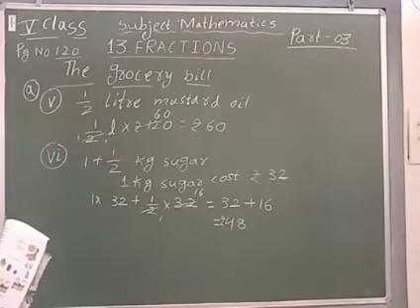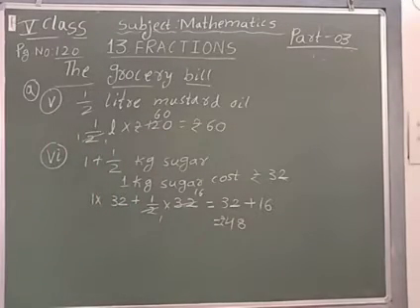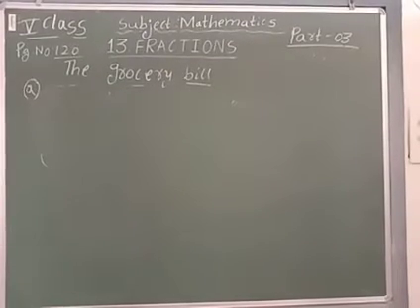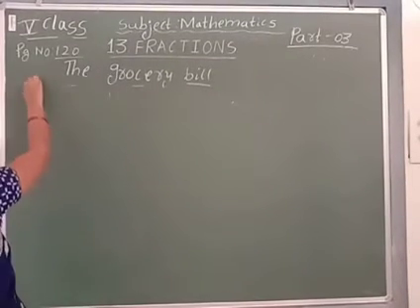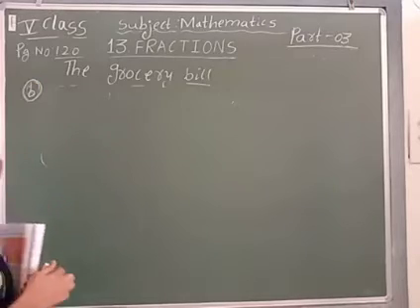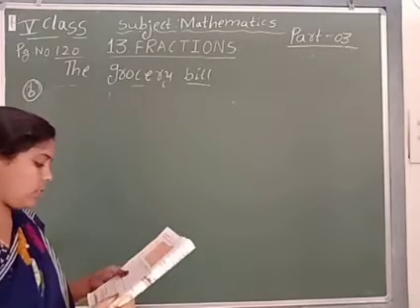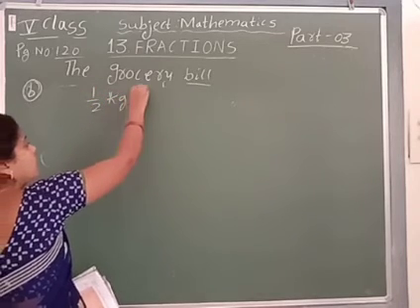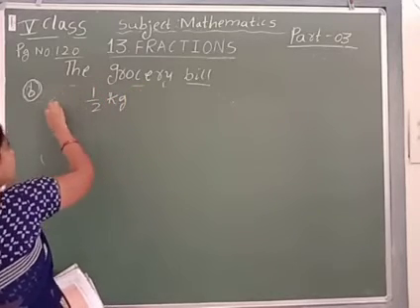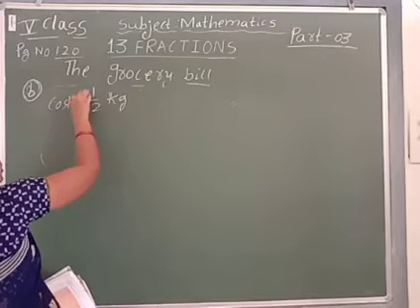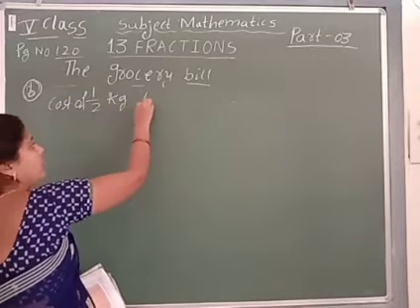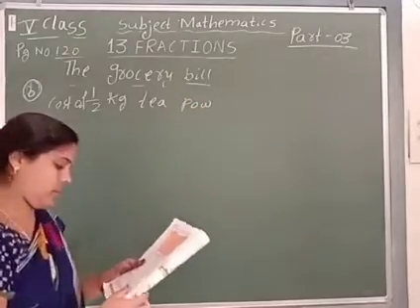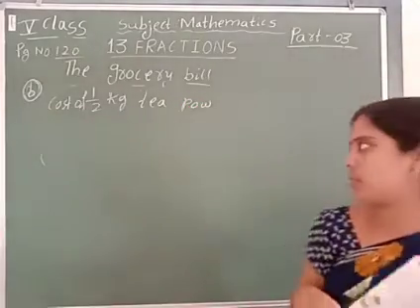You will write this first. Write, all of you. Okay children, now B1. Half kg tea powder, the cost of half kg tea powder: how much is it? 90 rupees.